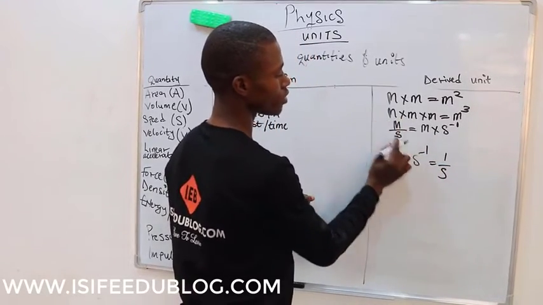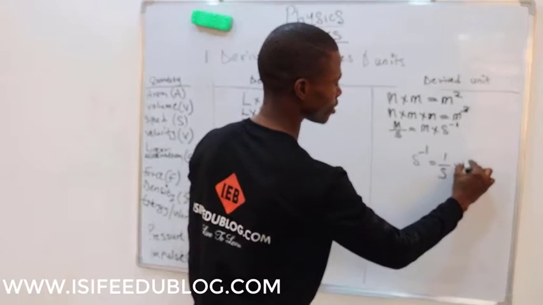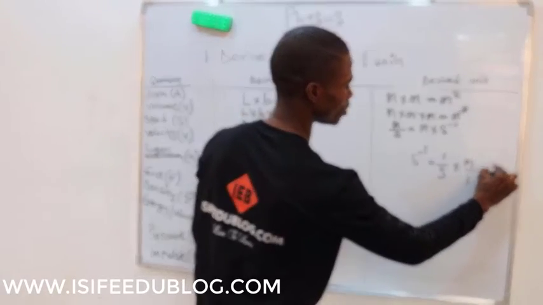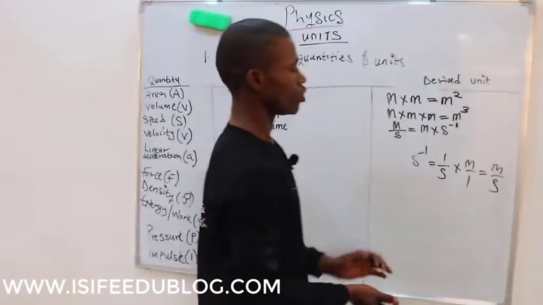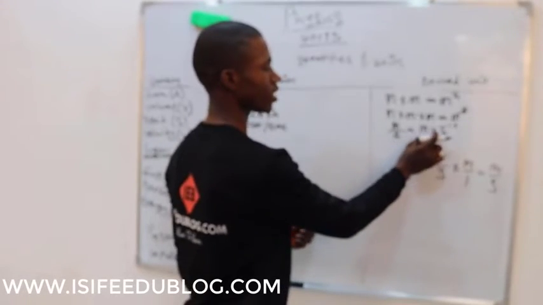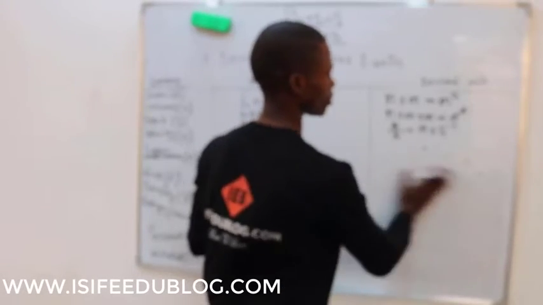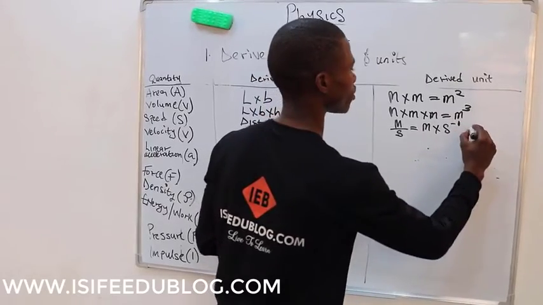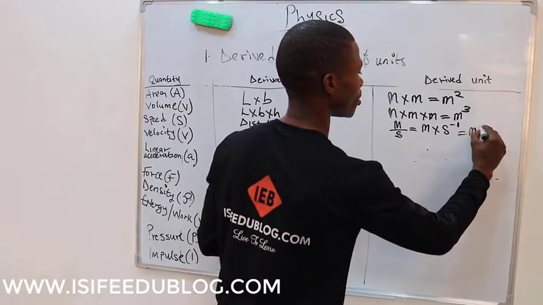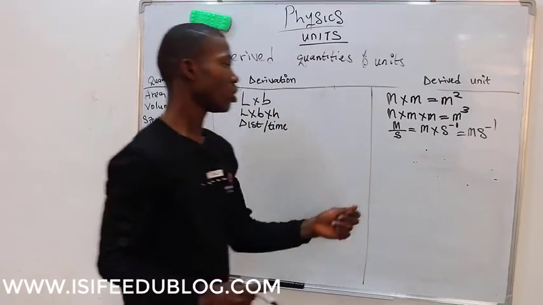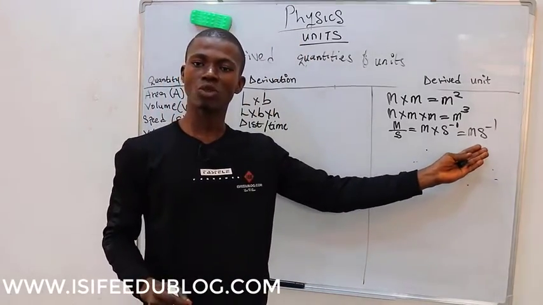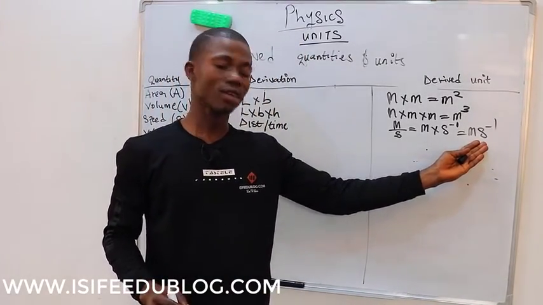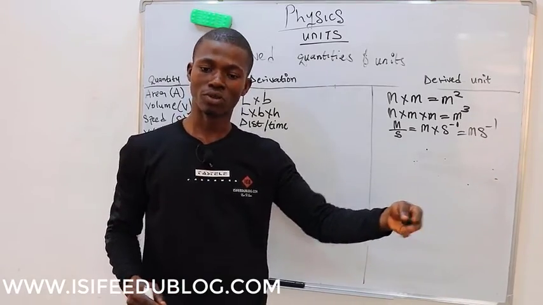So when you remove this, it is the same thing as m over 1 times this, which is m over s. So this is meter times second raised to power minus 1, which is meter per second. Okay, and also if you're having issues with this, just try and visit our indices in the mathematical section.